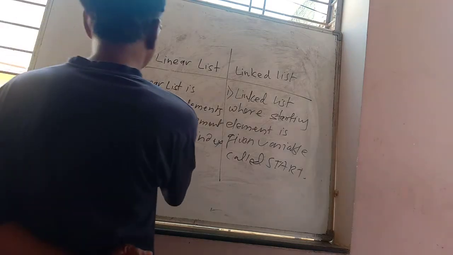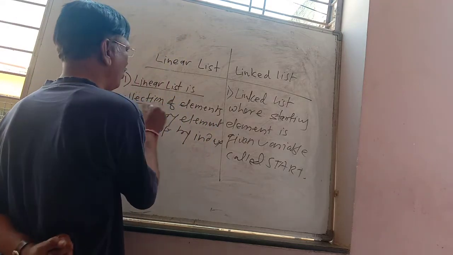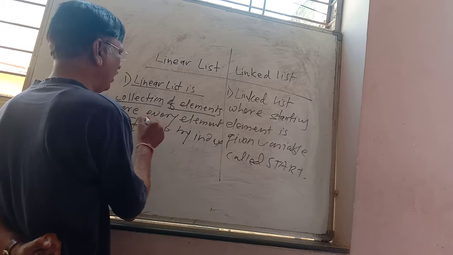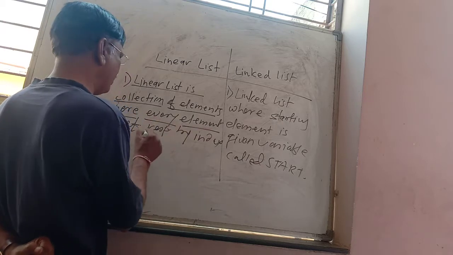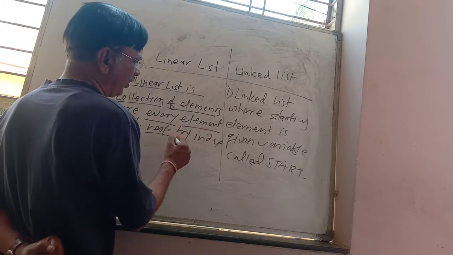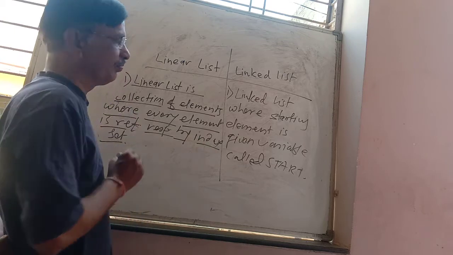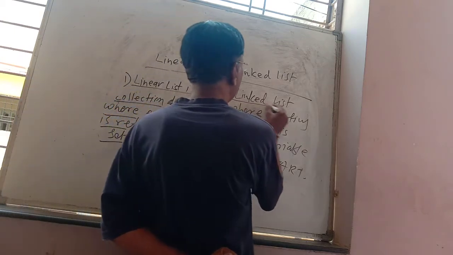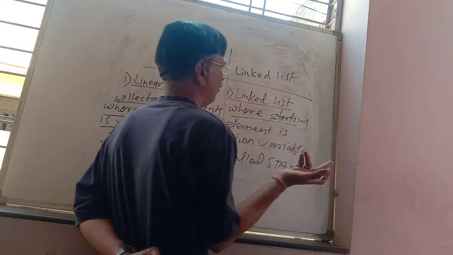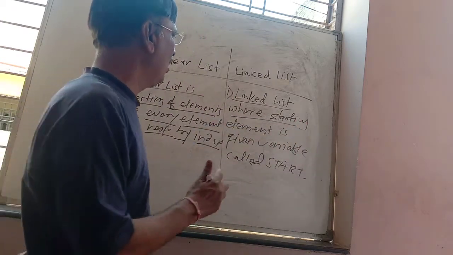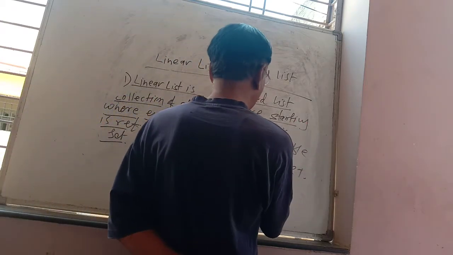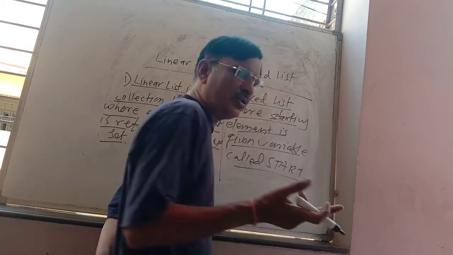So a linear list is a collection of elements where every element is referenced respectively by an index set, whereas a linked list is a collection of nodes where the starting element is given by a variable called start.